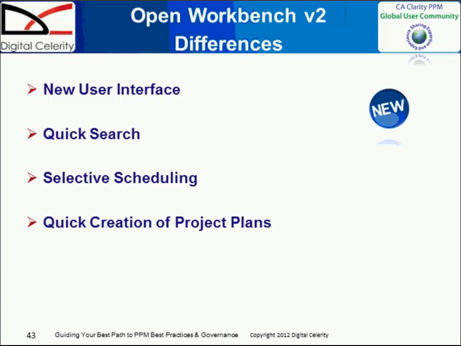It's very similar to some of the other Office environments with the toolbar and the other aspects around the user interface. You can do a quick search now in Open Workbench. You can do selected scheduling, which is very nice because you can actually auto-schedule a few tasks at a time. And then there's quick creation of a project plan, so you can quickly create a project plan right inside of Workbench.